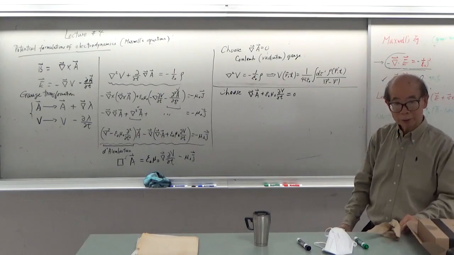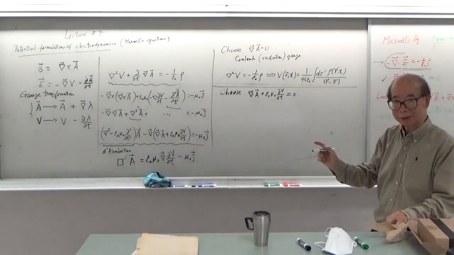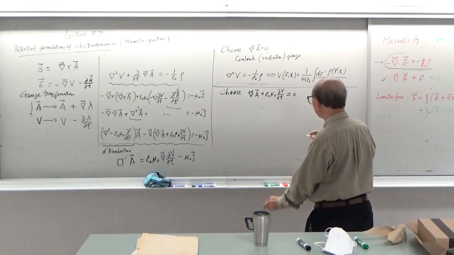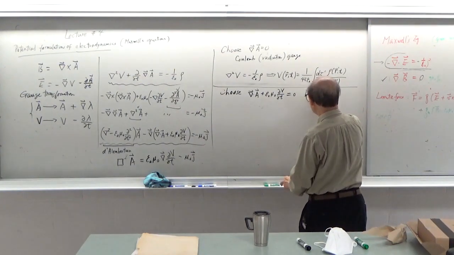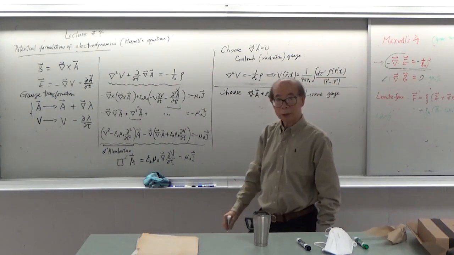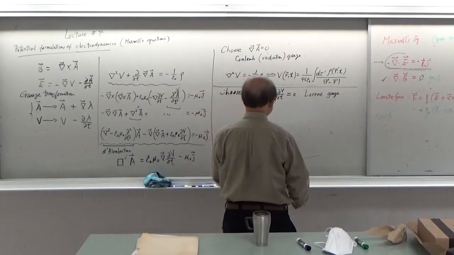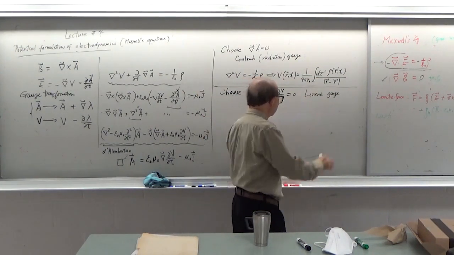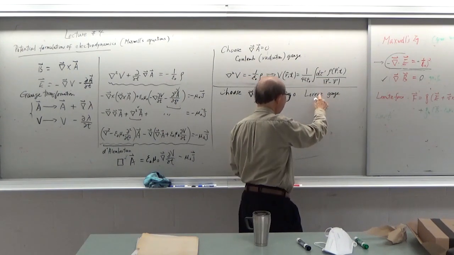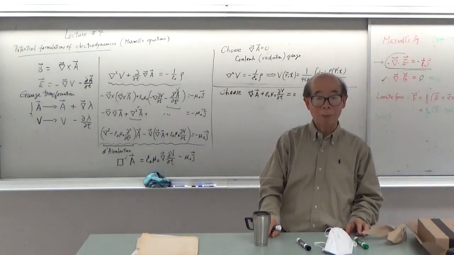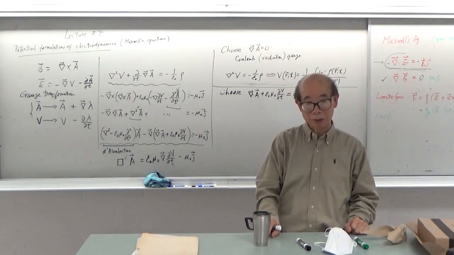We'll be using this gauge later on in this course. This gauge is known as the Lorenz gauge. Now, you should have noticed that I spell Lorenz as L-O-R-E-N-Z. There's no T between N and Z. And I confess that I made a mistake when I wrote my lecture notes.